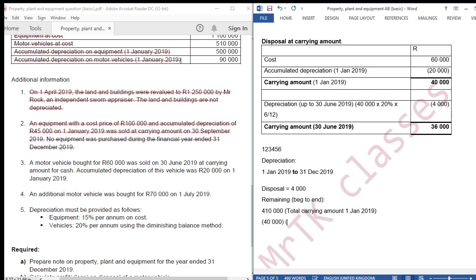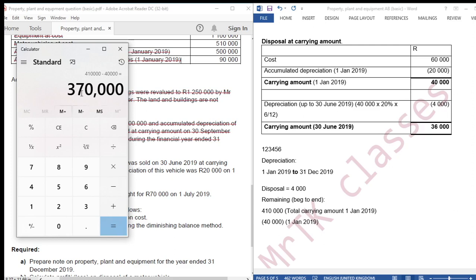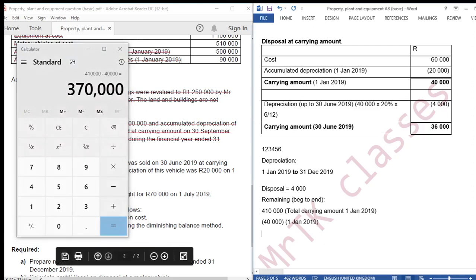Because that's the carrying amount on 1 January 2019, and we want the carrying amount for the assets that were there from the beginning to the end. 410,000 subtract 40,000 is 370,000.